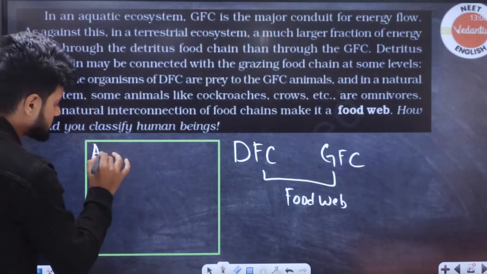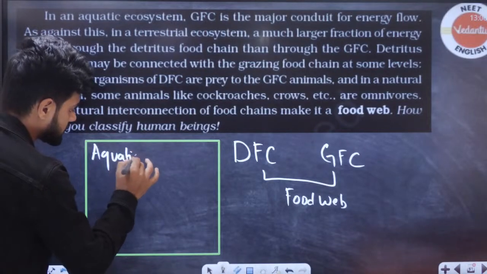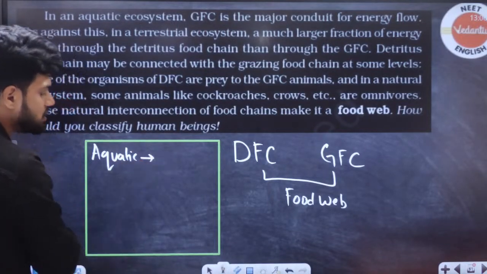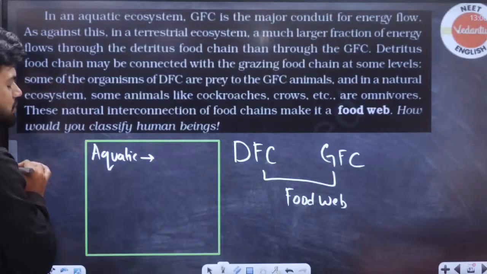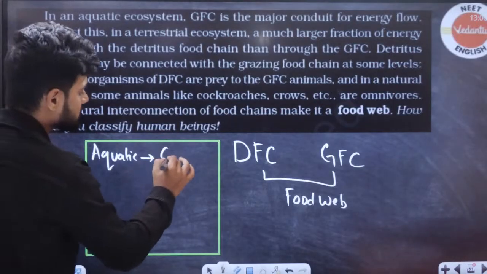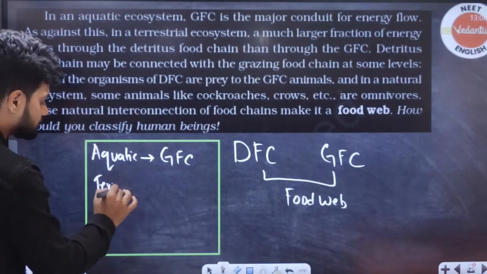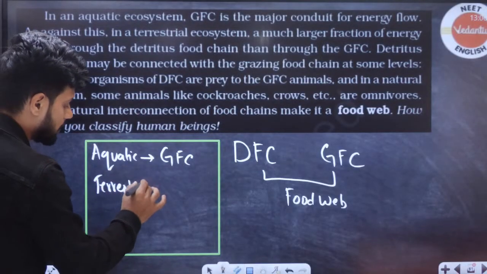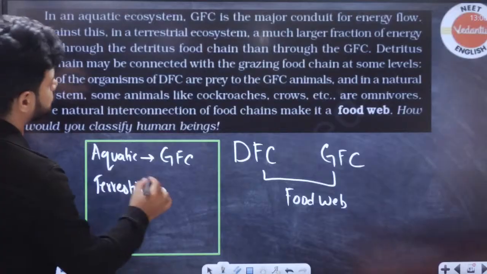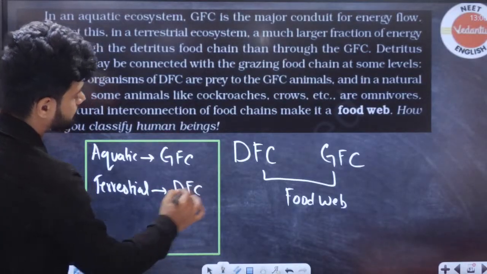In your aquatic ecosystem, the major energy is flowing through the grazing food chain. In a terrestrial ecosystem, the major energy is flowing through the detritus food chain.